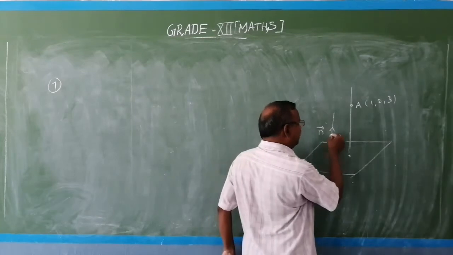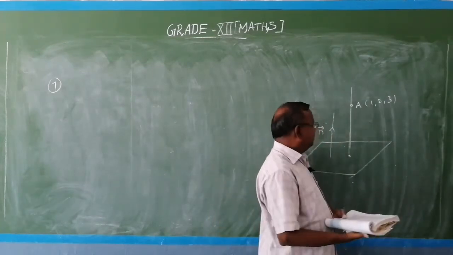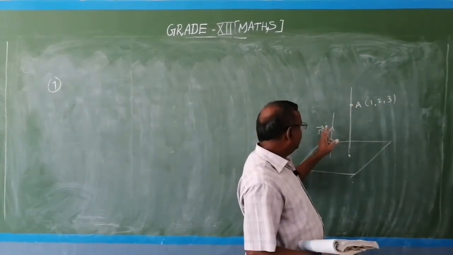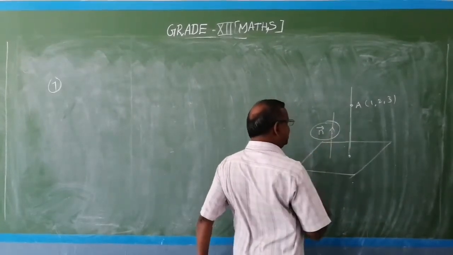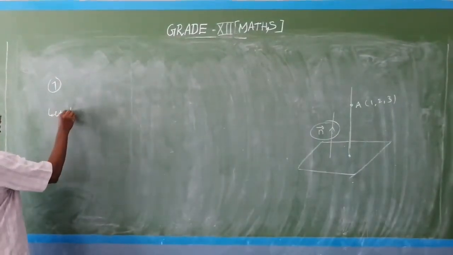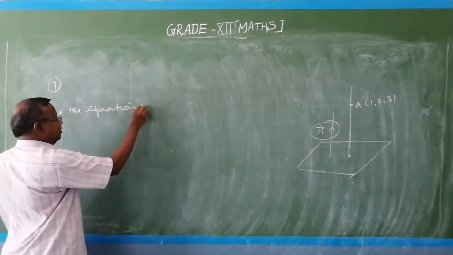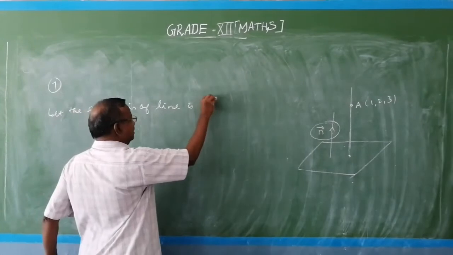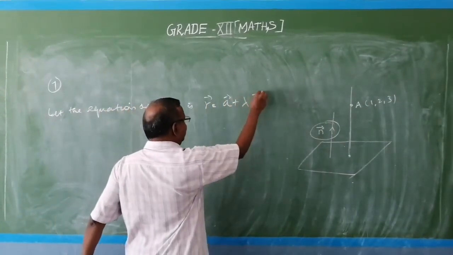This vector is parallel to the line, therefore we can consider the line as passing through one point and parallel to another vector. Therefore this n vector can be considered as the B vector. Let the equation of the required line be r vector equal to A vector plus lambda into B vector.